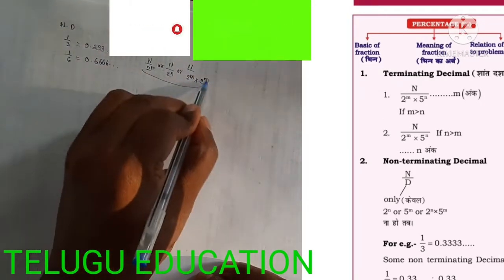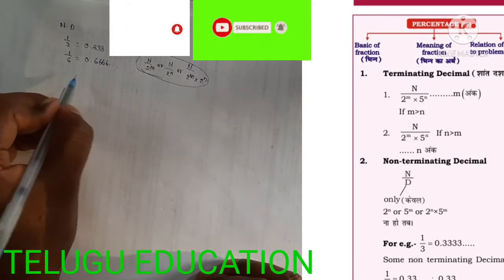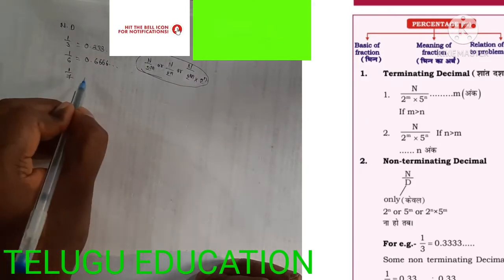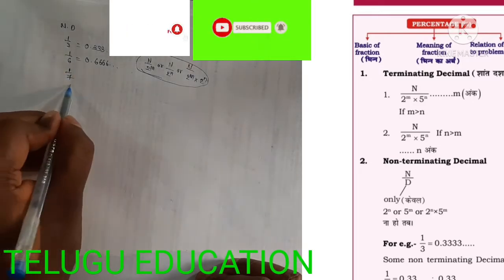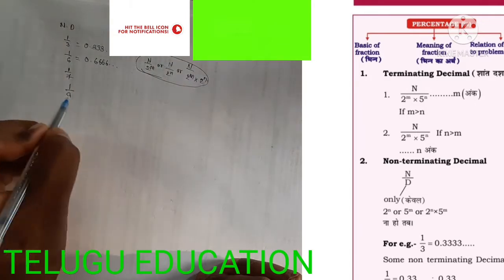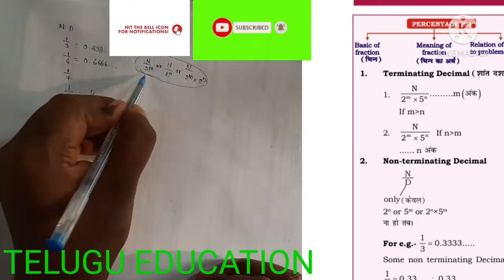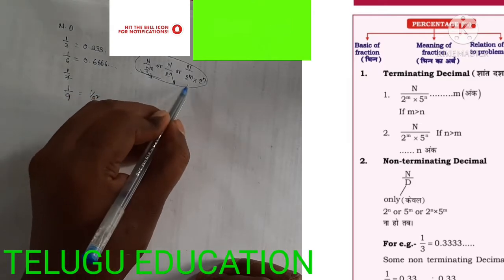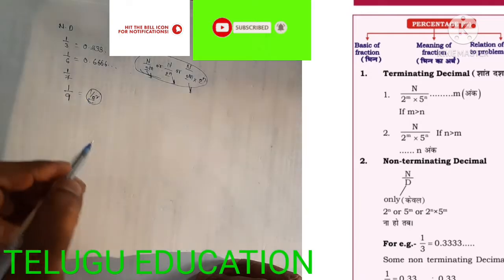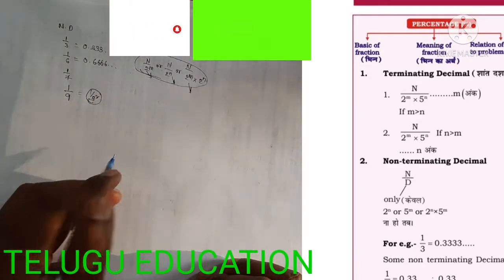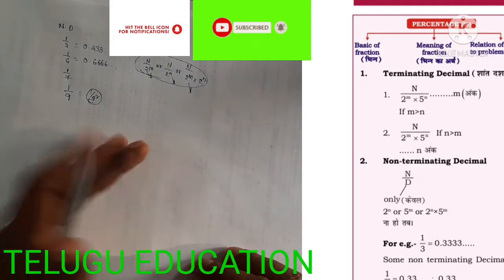Other than this form, the decimals are called non-terminating decimals. So 1/7 is a non-terminating decimal. 1/9, that is 1/3 square, is not of the form 2 power m or 5 power n or their product, so this is a non-terminating decimal. Okay, so this is terminating decimals and non-terminating decimals.